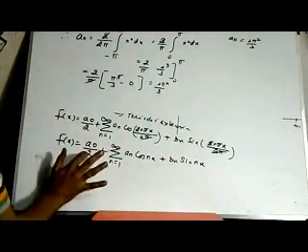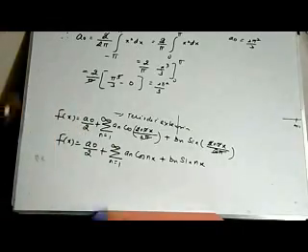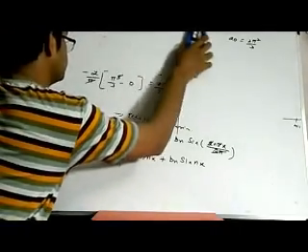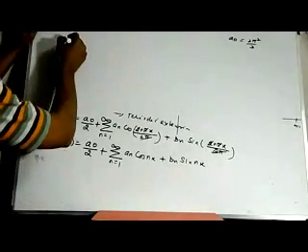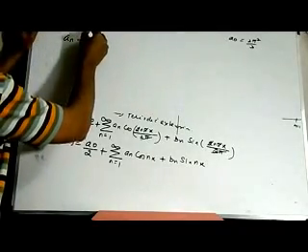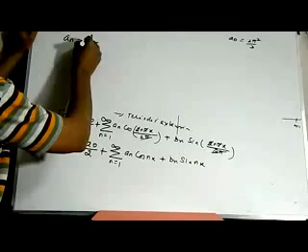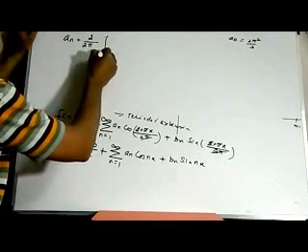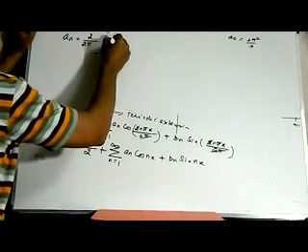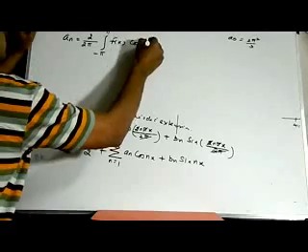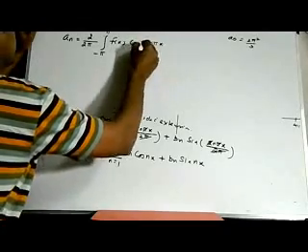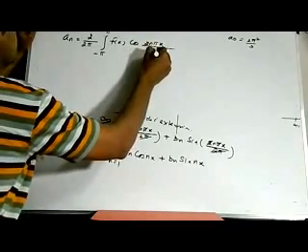Later on I will substitute here. Now I will find an. An will be similarly like that: 2 upon 2π, from where to where? Minus π to π, f(x) into cos(2nπx upon the length of the interval, which is 2π).